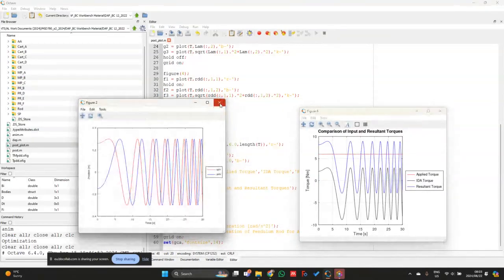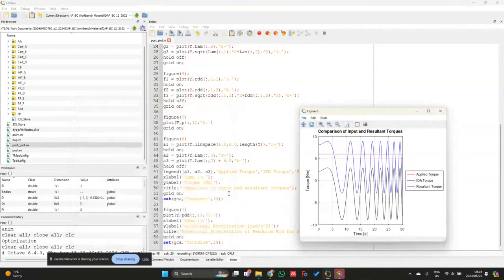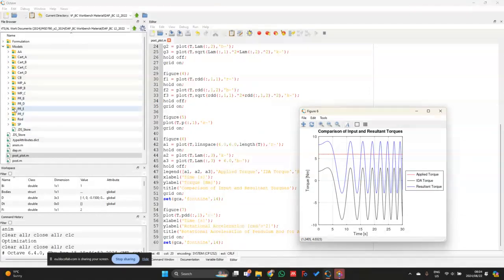But what we'll actually see is that the torque that we have over here, the Lagrange multiplier 3 plus 6, should give you the resultant torque. And then Lagrange multiplier 3 is then your IDA torque, so your inverse dynamic analysis torque that you specify. I think what I actually did over here was to make the torque smaller than it should be.